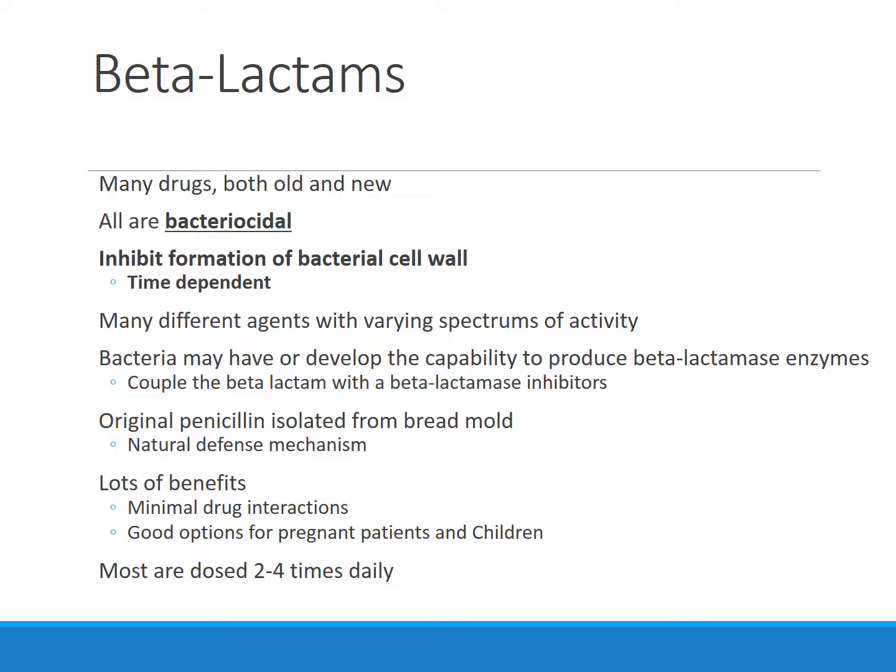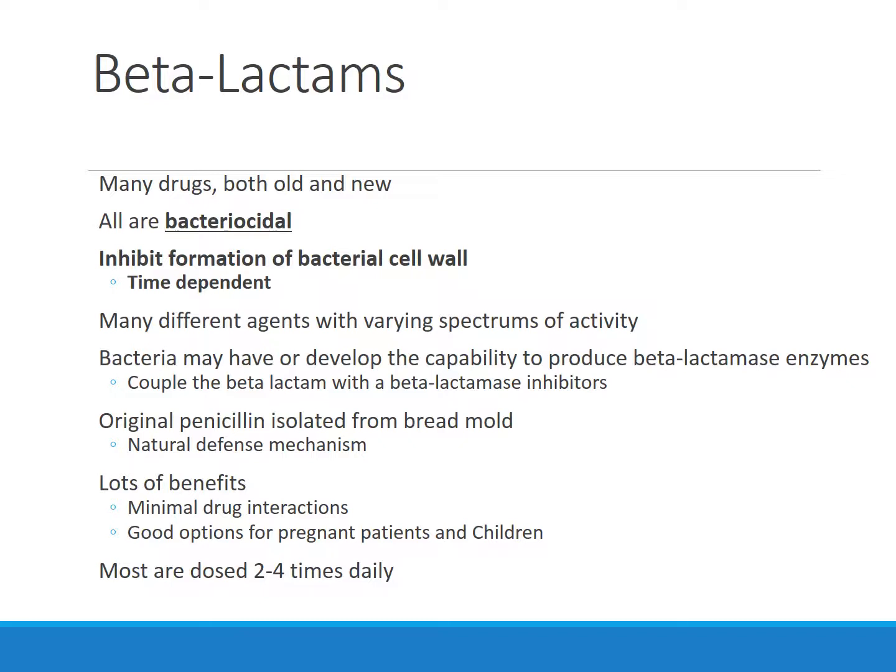So some drugs you'll see that are coupled with a beta-lactam are beta-lactamase inhibitors. And a great example of this would be Augmentin and Unasyn. So amoxicillin by itself is just a beta-lactam. Augmentin is amoxicillin plus clavulanate, which is a beta-lactamase inhibitor. So we see that strategy being used to extend the spectrum of activity of the beta-lactam class.